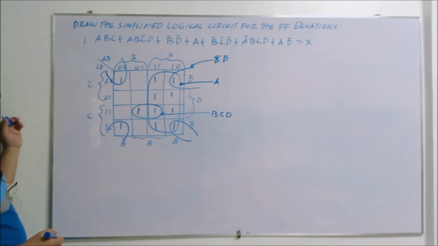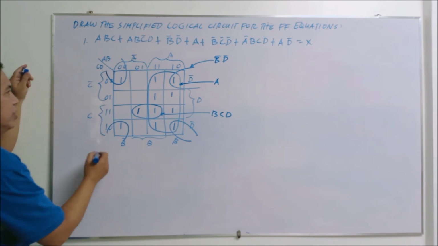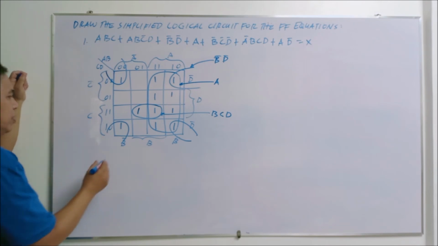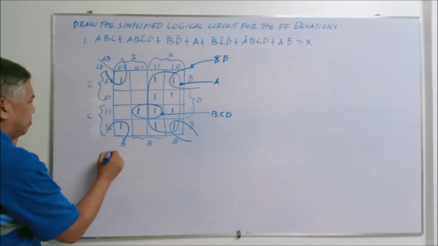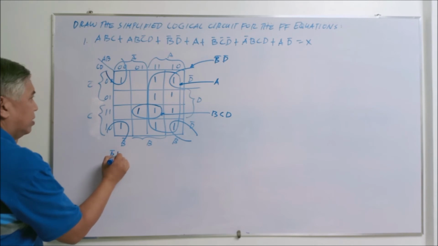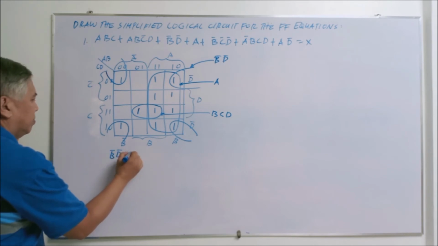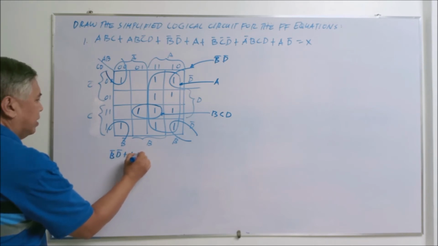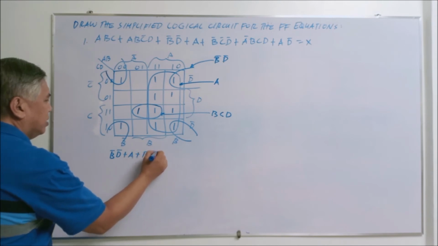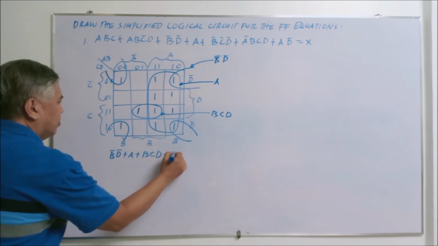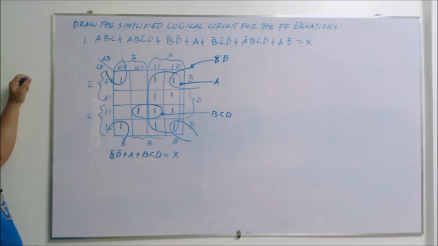So we just use the sum of products expression. What will be our final equation? So we have B bar, D bar, plus A, plus B, C, D is equal to X. Okay?